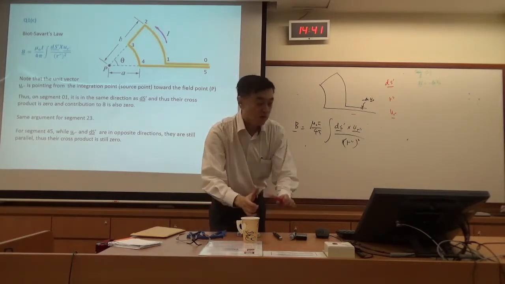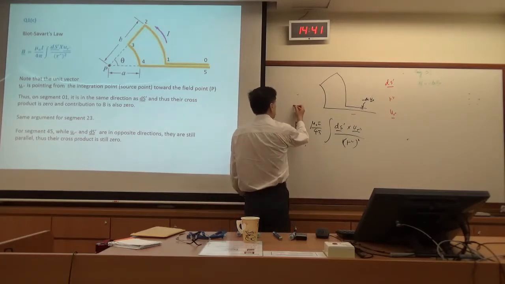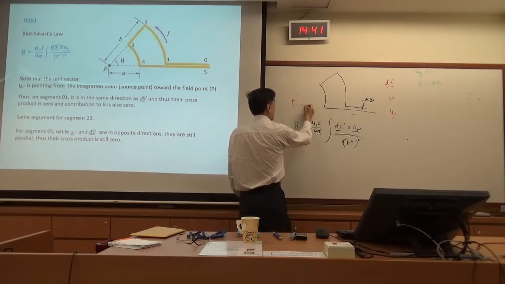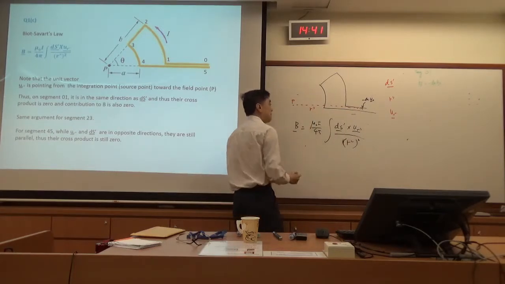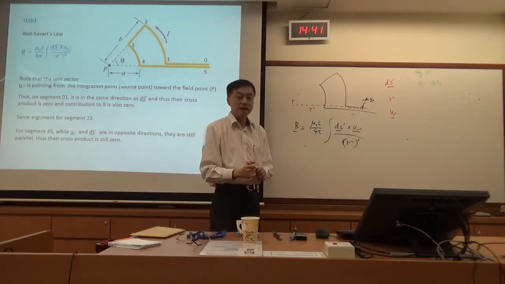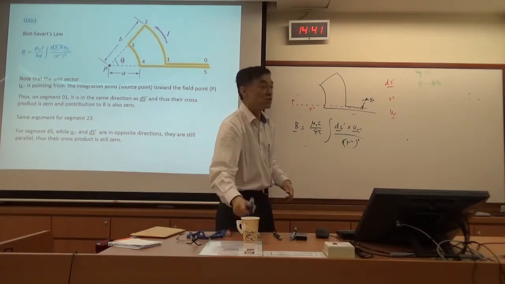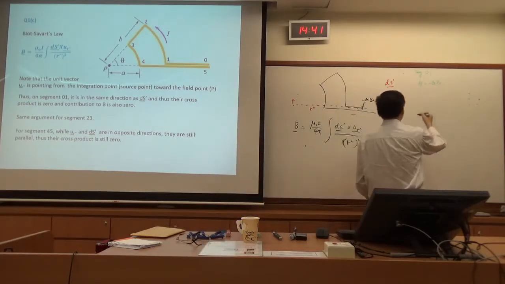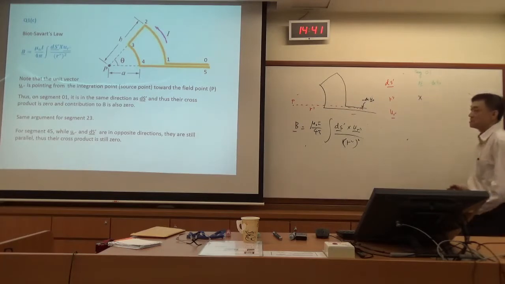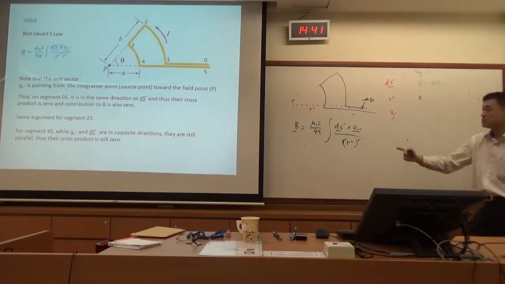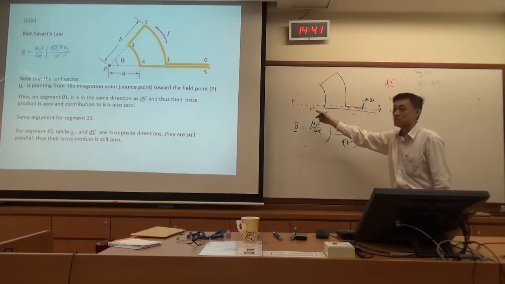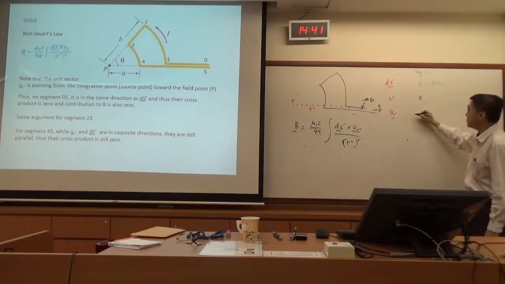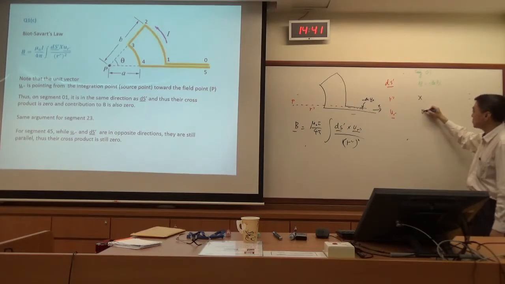Now, if this is the point P, this is my r double prime. My r double prime is equal to x, because from here to here, if this is the x-axis, it is equal to x. My ur double prime is just equal to ux.